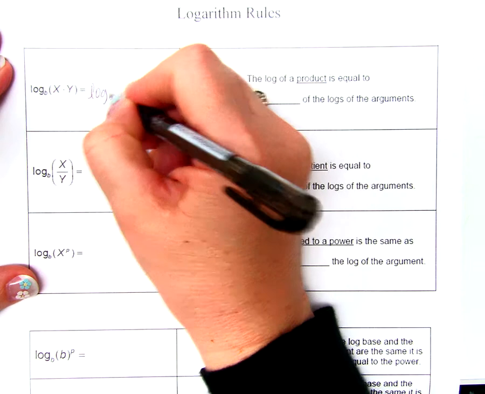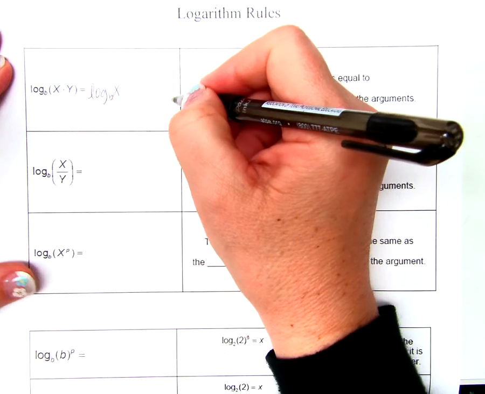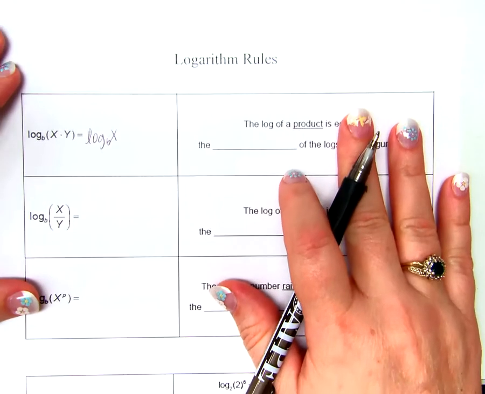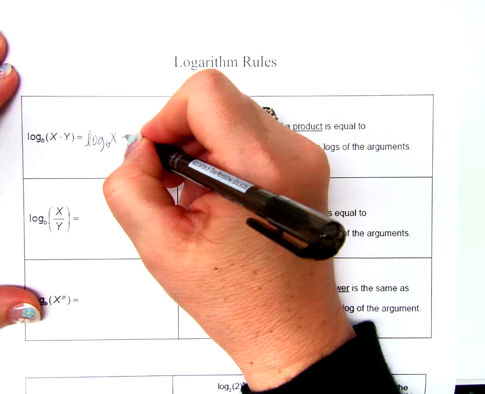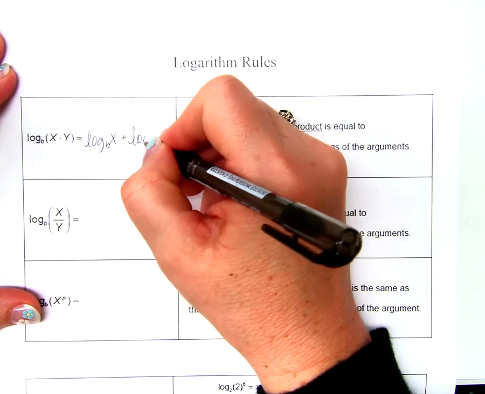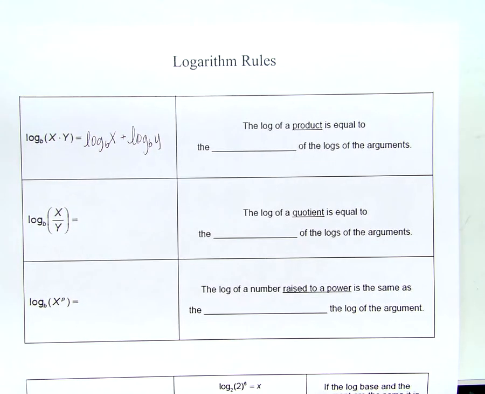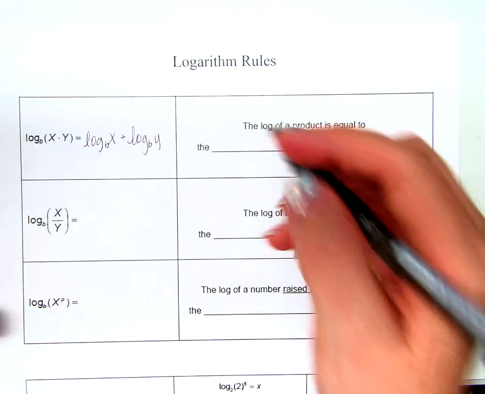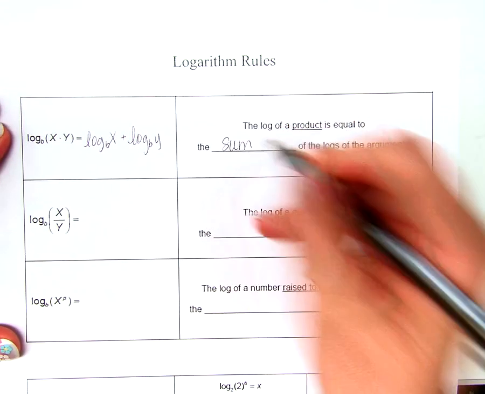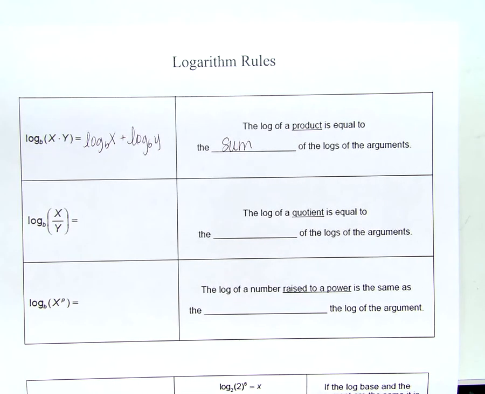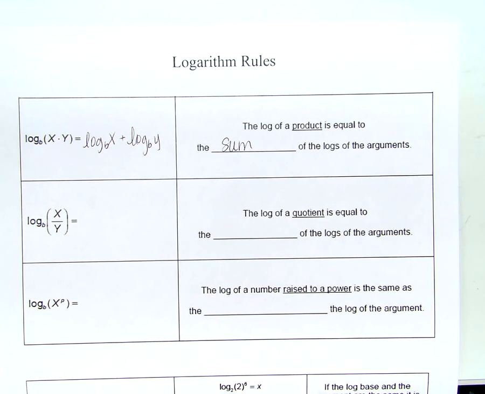Log base b of x plus log base b of y, because the log of a product is equal to the sum of the logs of the argument. Does it seem a little more familiar to you? Okay.